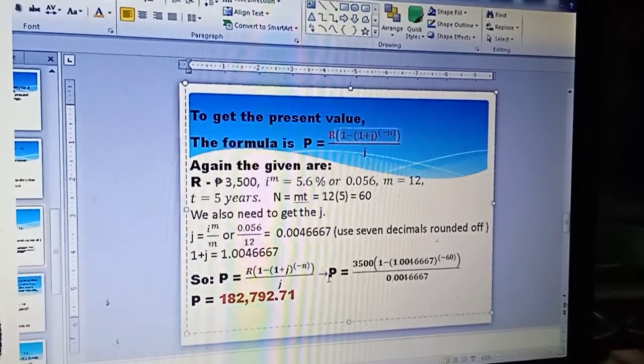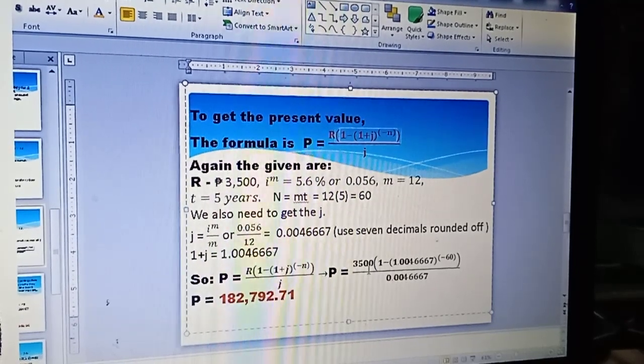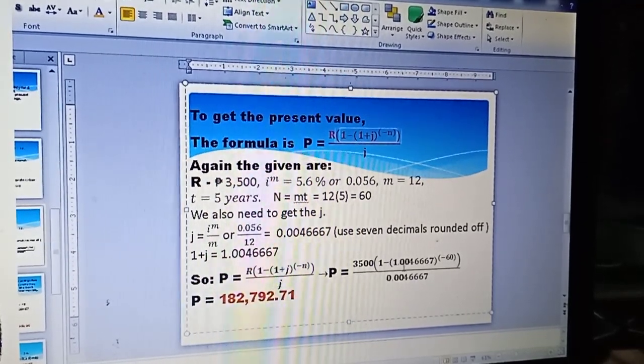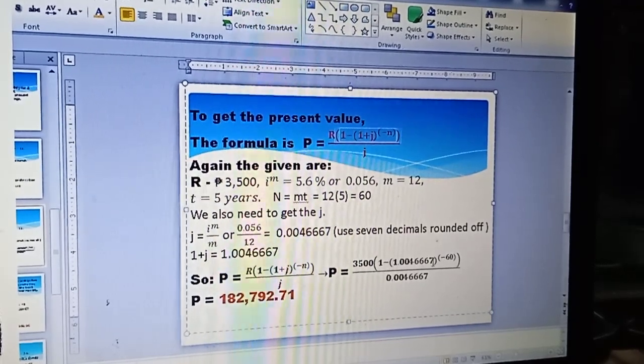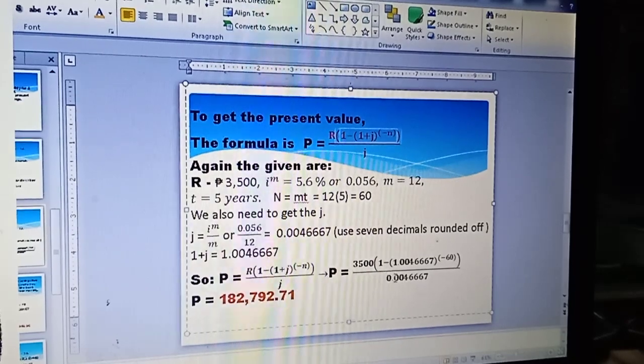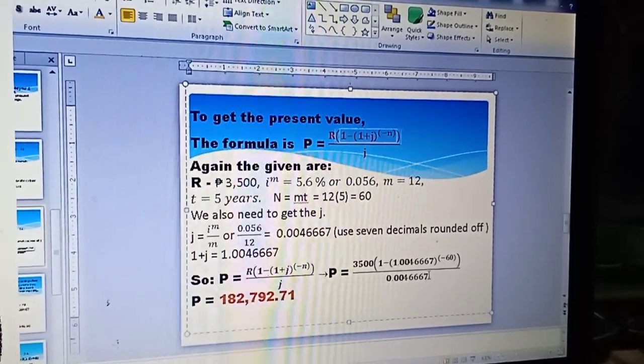So substitute the values of these variables in the formula. We have 3,500 times 1 minus the 1 plus j, which is 1.00466667, raised to negative 60 over j, which is 0.00466667.